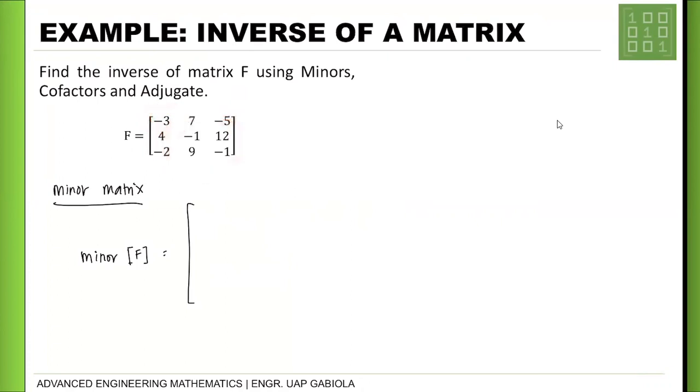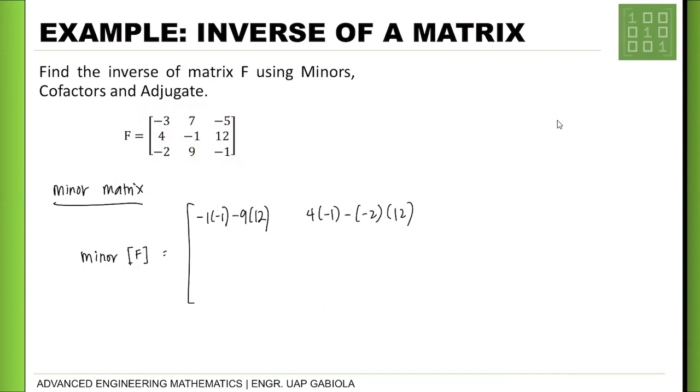So, we have negative 1 times negative 1 minus 9 times 12. Yun yung first element natin. Okay? Again, eliminate to. Then, determinant yung natira. Okay? Next, second element, eliminate natin to. Determinant yung natira. So, we have 4, negative 1, minus negative 2, tsaka 12.